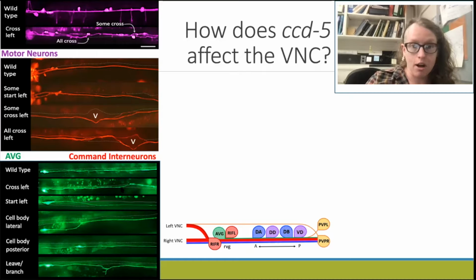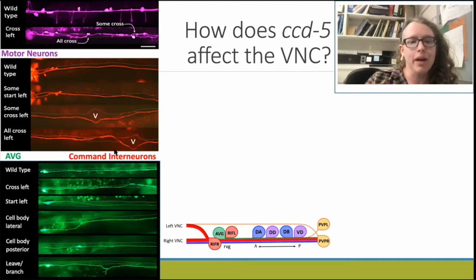It can cross the midline. It can start on the wrong side and correct itself. It can start completely randomly in the wrong place, come to the ventral nerve cord, and extend in weird ways. It can, again, start in completely the wrong place and extend in weird ways. And it can just wander off confused and branch and then come back. It usually does come back, though, which is nice.